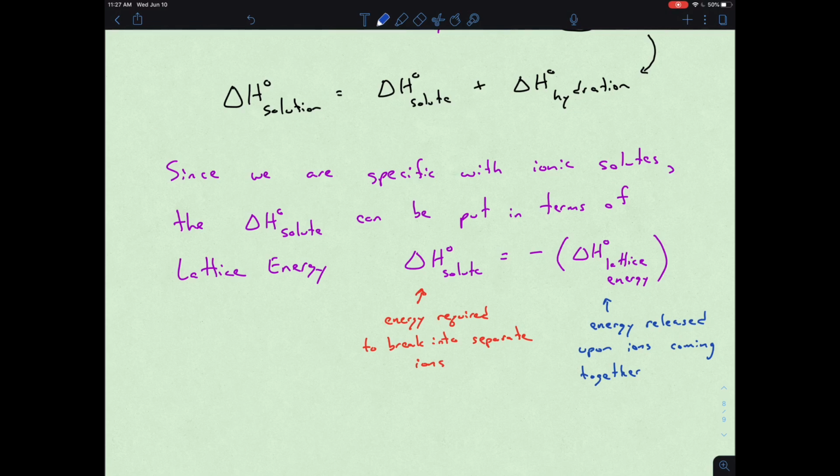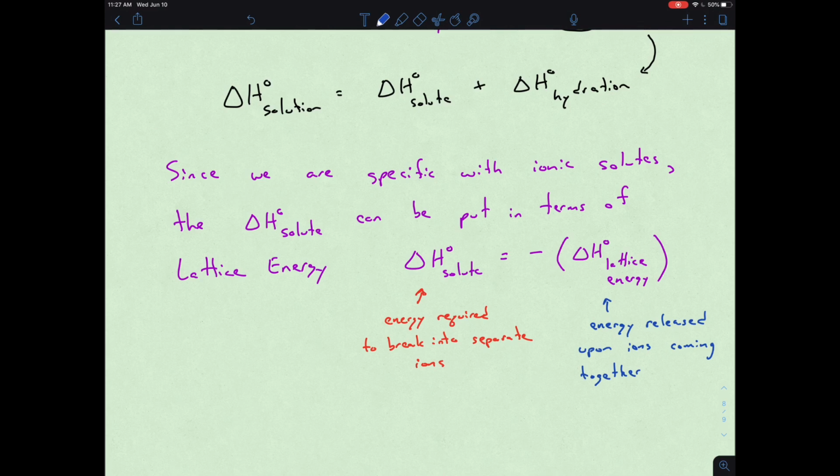So they're the same idea. It's just which direction are we going? Are we breaking those atoms into ions, getting rid of the covalent bond, getting rid of the ionic bonds, or are we actually forming the ionic bonds? And then we have the release.